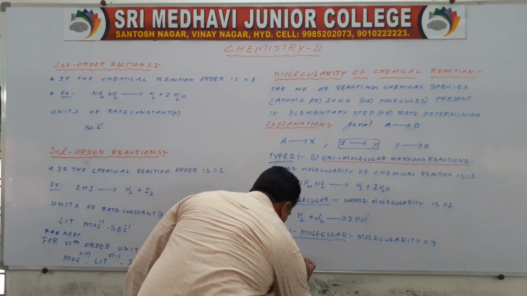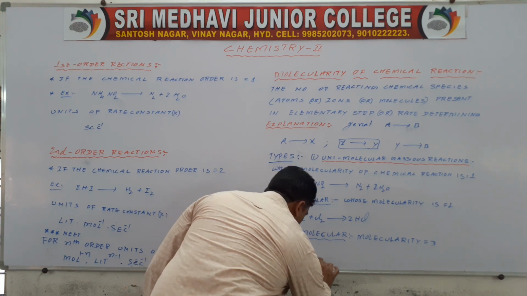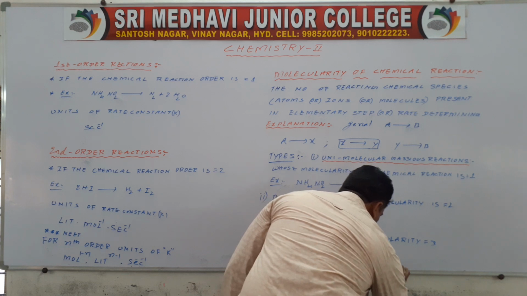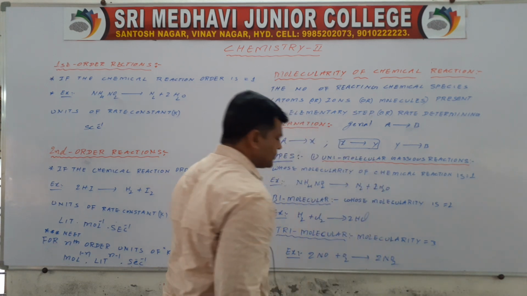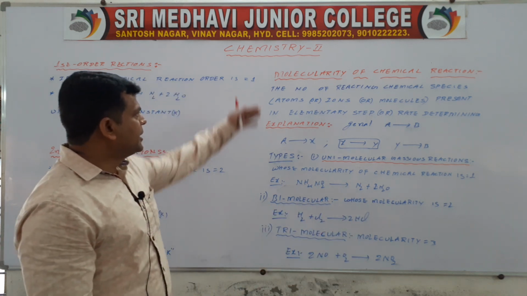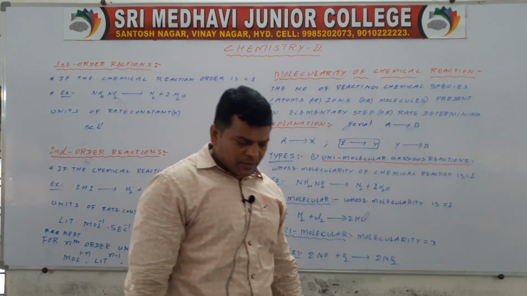So example: 2NO plus O2 gives rise to 2NO2. Okay, 2 plus 1, 3, its molecularity is 3. So this is nothing but the molecularity of a reaction.